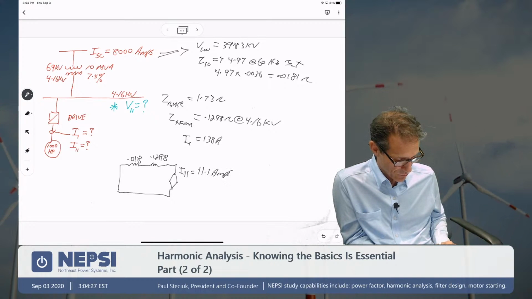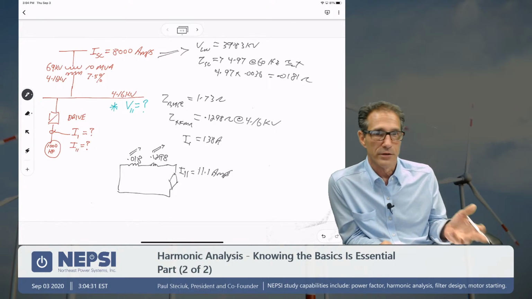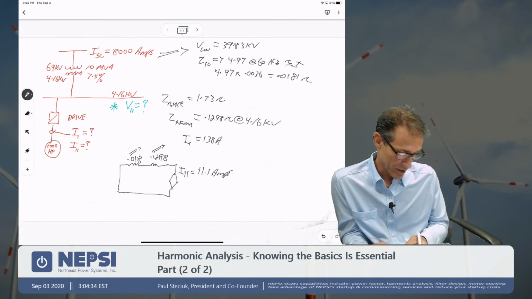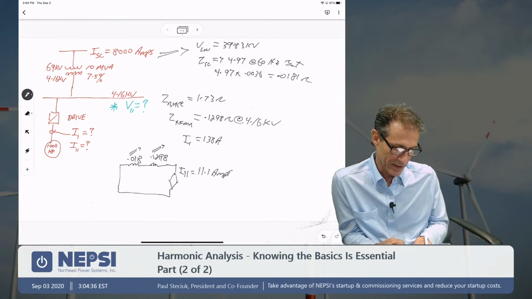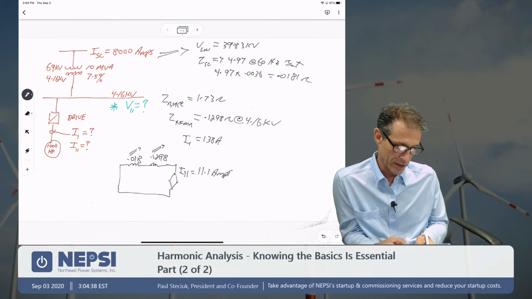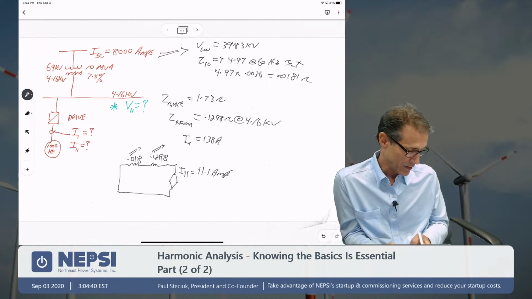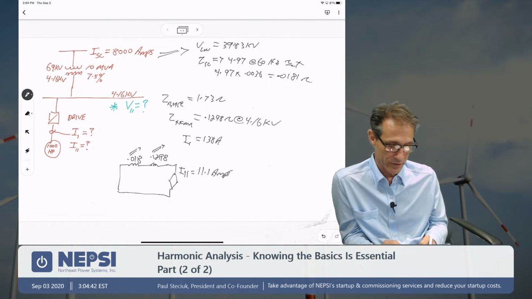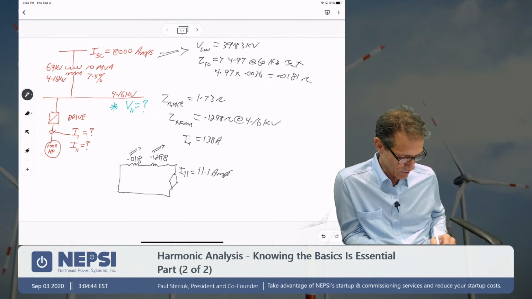Now I have to multiply the impedance by 11 because it's at the 11th harmonic. So I take 0.1298 plus 0.018, and I multiply by 11, and I end up with 1.62.